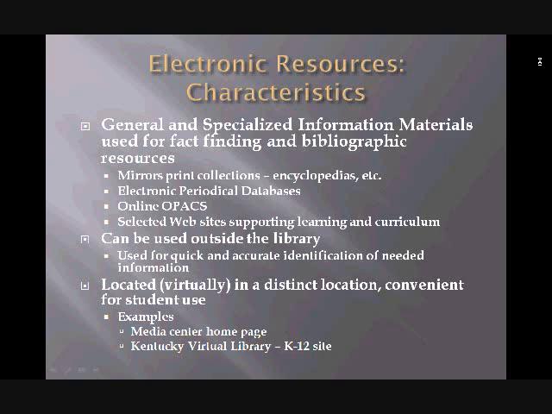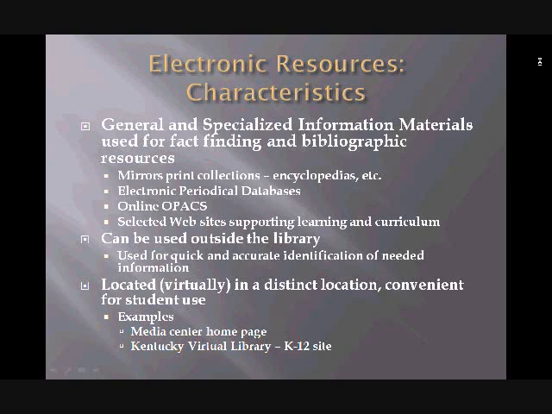Electronic resources are different from print resources in that they can be used 24/7 outside the library, and they don't circulate in the same way that print resources circulate. So students typically use electronic information resources for quick and accurate identification of needed information.